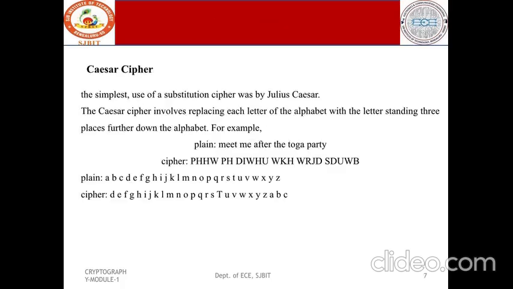The first one is the Caesar cipher. The earliest known and the simplest use of a substitution cipher was by Julius Caesar. The Caesar cipher involves replacing each letter of the alphabet with the letter standing three places further down the alphabet.